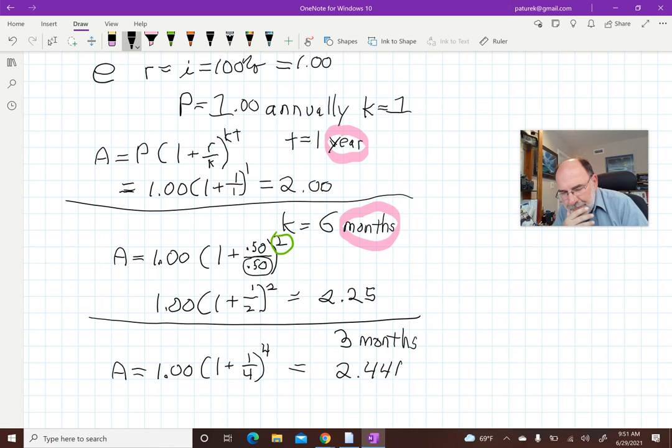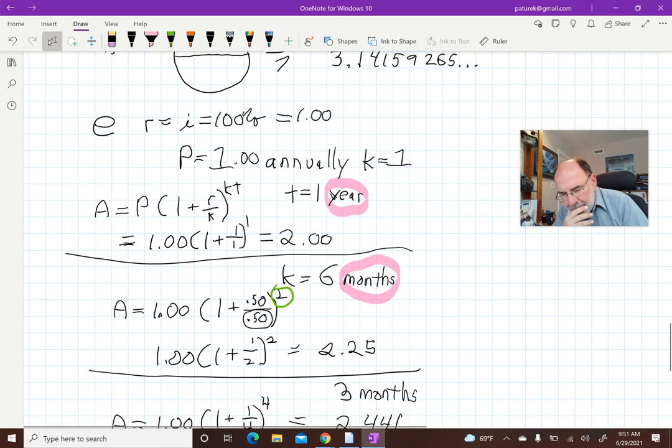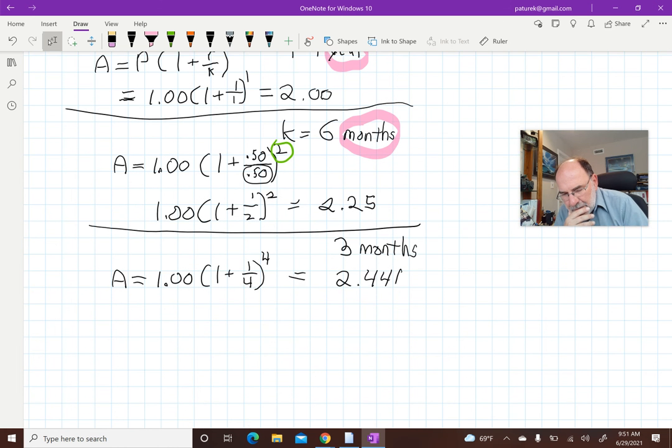I guess I don't like this formula. This r divided by k, I'm really using r, the interest rate, as a decimal value as I do this. What I can tell you is this is the pattern for you to follow.